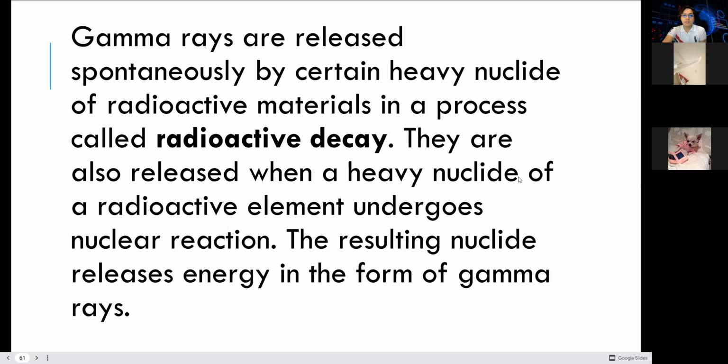Gamma rays are released spontaneously by a certain heavy nuclide of radioactive materials in the process called radioactive decay. Okay? They are also released when a heavy nuclide of a radioactive element undergoes nuclear reaction. Okay, the resulting nuclide releases energy in the form of gamma rays.